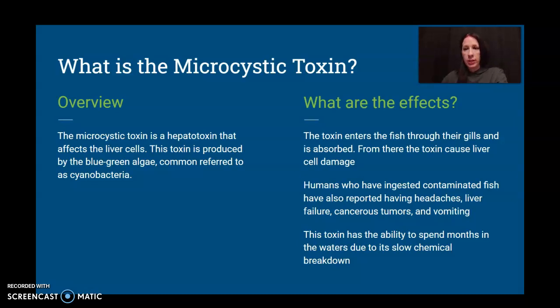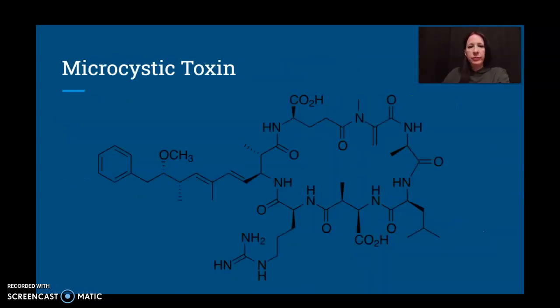If the temperature is low, the microcystic toxin can break down extremely slowly, and it can last months in the water. So when someone closes down a beach or a lake or any area that this blue-green algae has formed, you don't really want to be near it.